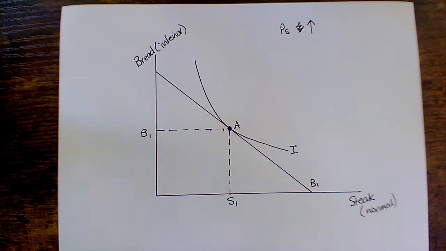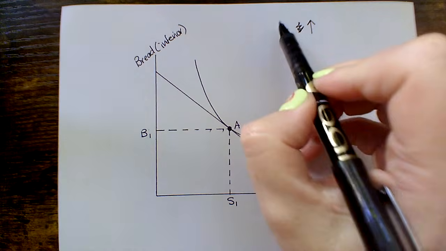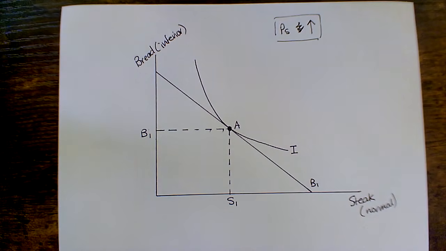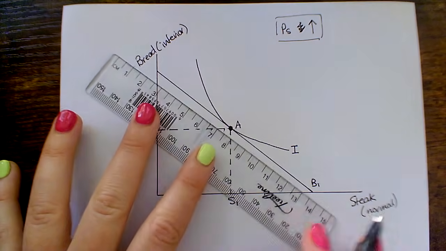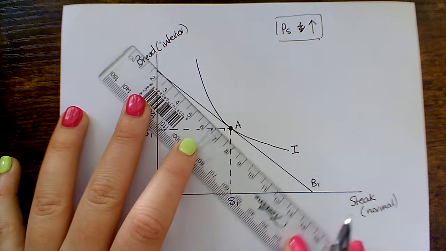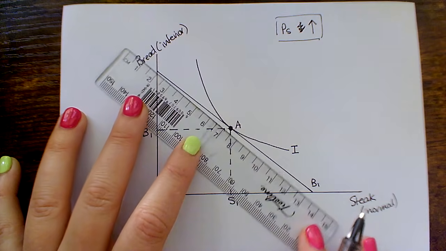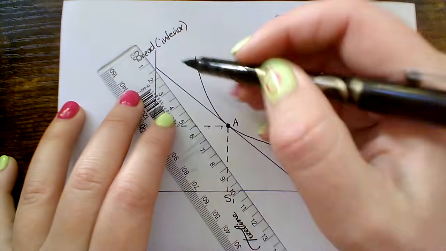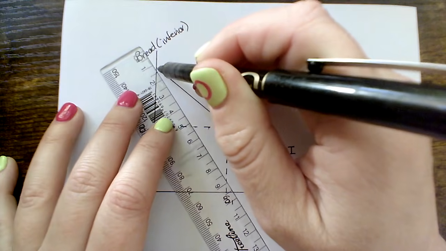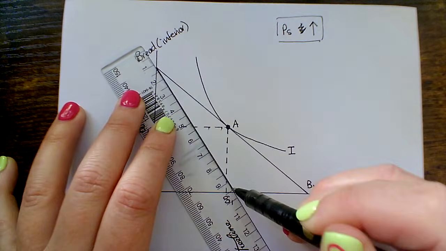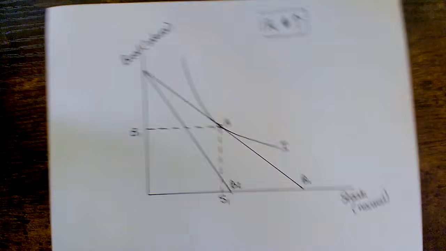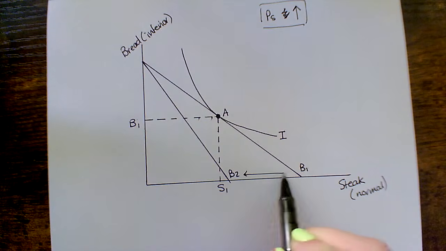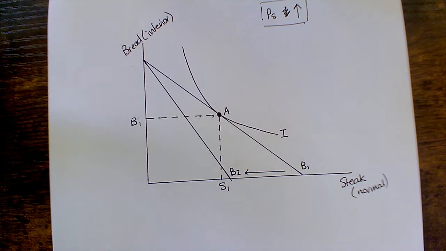That is their initial best affordable bundle. Now we say the price of steak increases. That's going to result in the budget constraint pivoting inwards along the axis for steak. So let's say the new budget constraint looks like this. That represents an inward pivot of the budget constraint because the price of steak has increased.